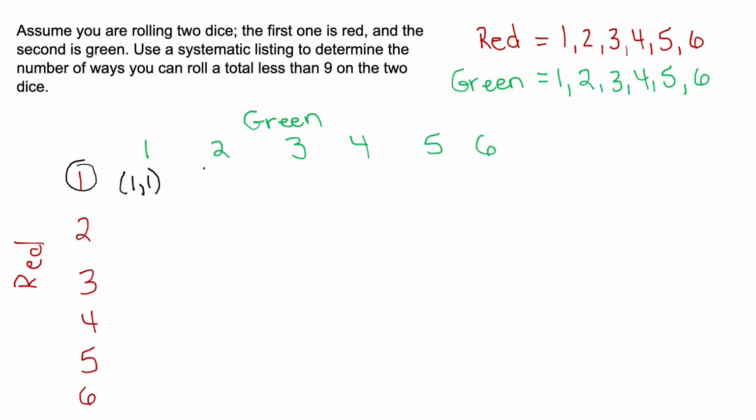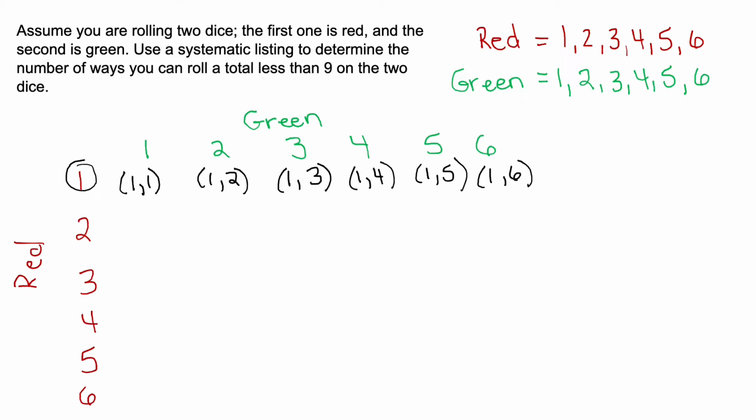So my next outcome is 1, 2. I'm going to continue this pattern for rolling all the different sides or numbers on the green die. So again, the red is 1, but I could have a 3 for the green. Then I could have 1, 4, 1, 5, and 1, 6.